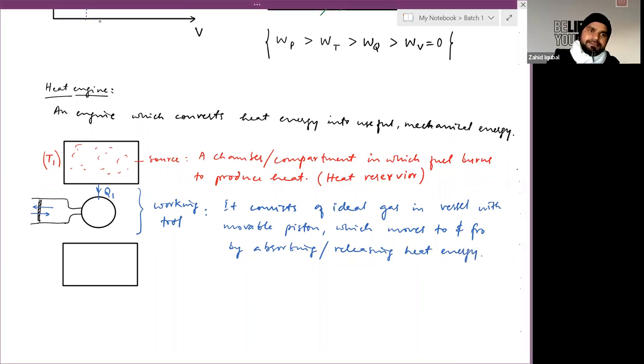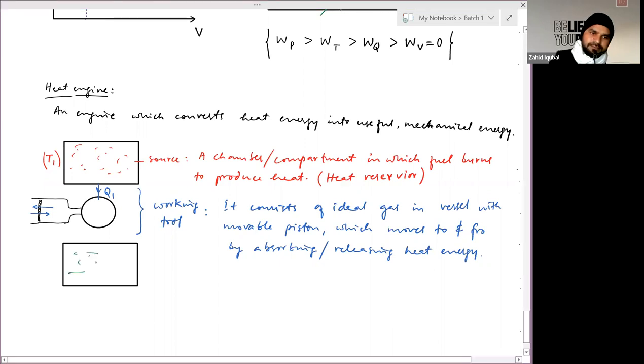Third part is the sink or surrounding. It is the place where excess heat is being ejected out.